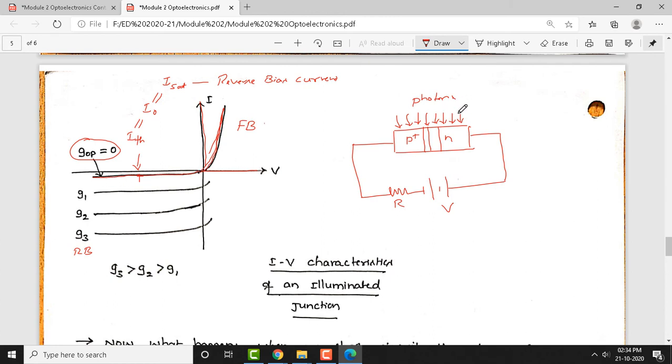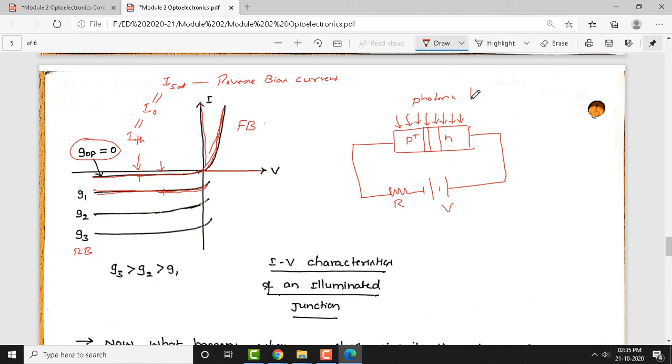Now, when the photons illuminate the entire PN junction surface, it leads to this current here, G1. G1 is nothing but the generation rate. This height tells you the current. This much amount of current flows here, because now photons are interacting.